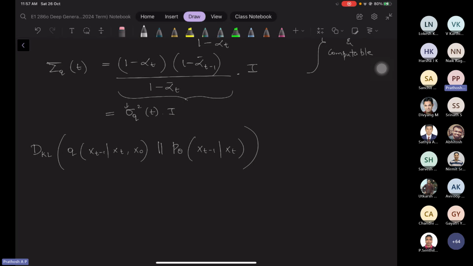Now in a DDPM, the decoding distribution, also called the denoising distribution or the reverse process, is assumed to be a Gaussian.